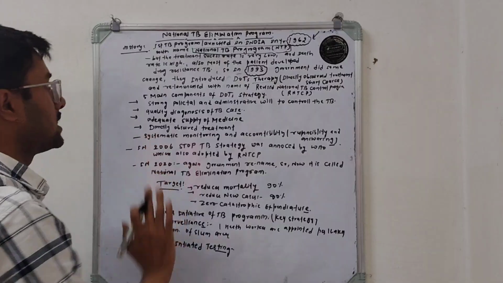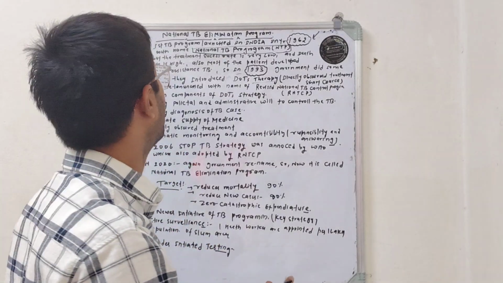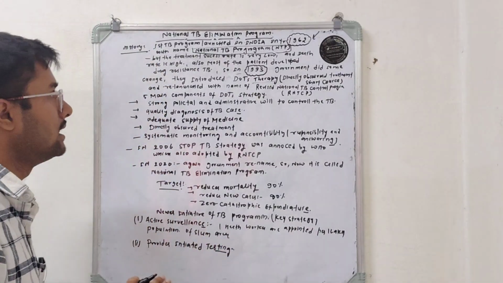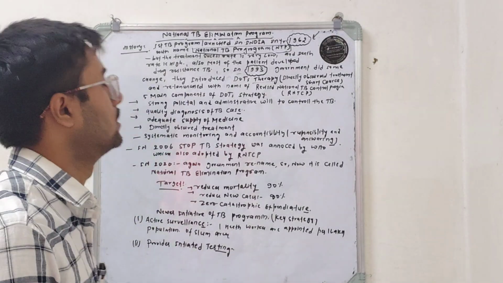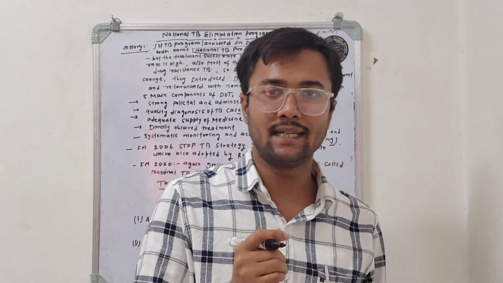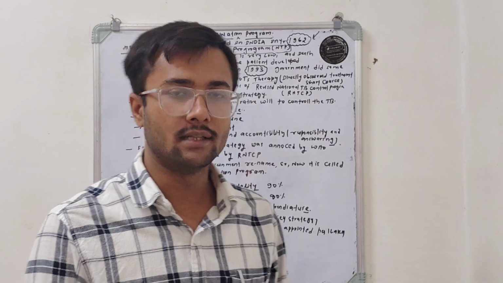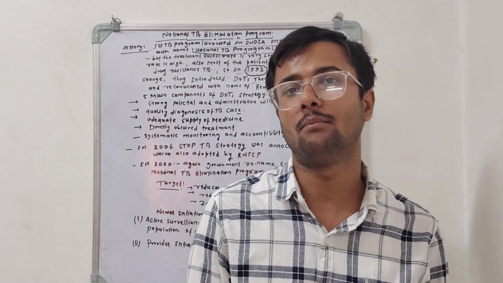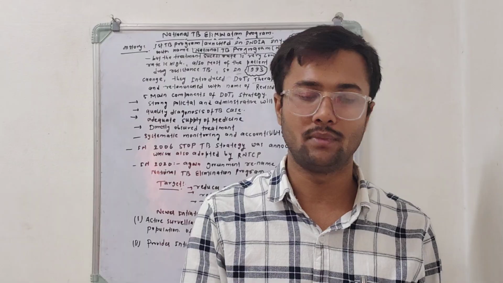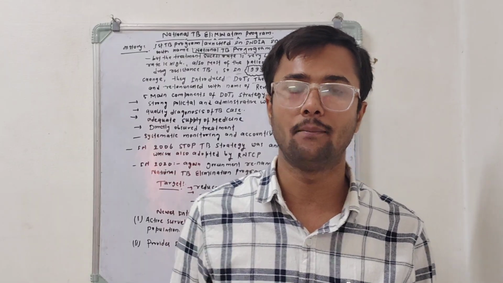But the treatment success rate was very low and the death rate was high. Also, most of the patients developed drug resistant TB. So what happened in 1962? The Indian government launched a TB program with the name NTP, National Tuberculosis Program.